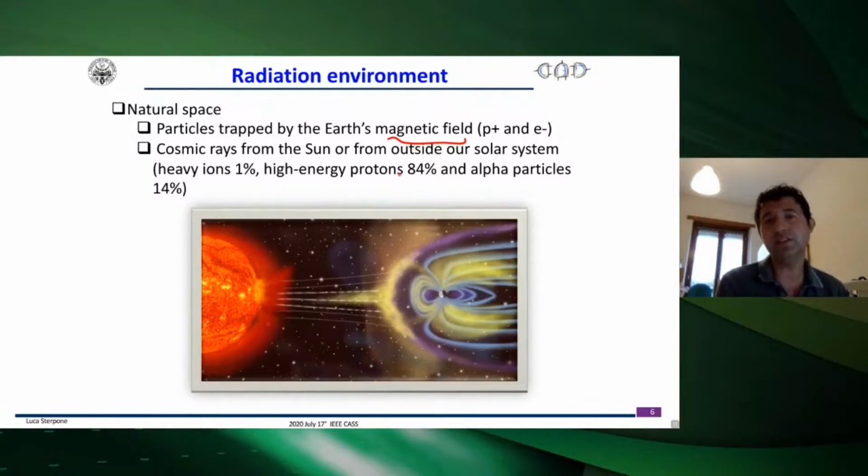Some of the particles are instead related to what are defined as cosmic rays, generated by the sun, or coming from outside the solar system. The main idea is to imagine the electronics and everything involved being traversed by these particles of different types.